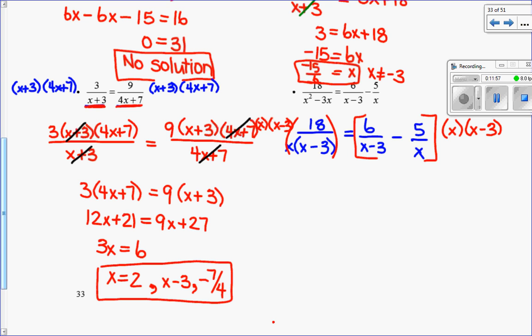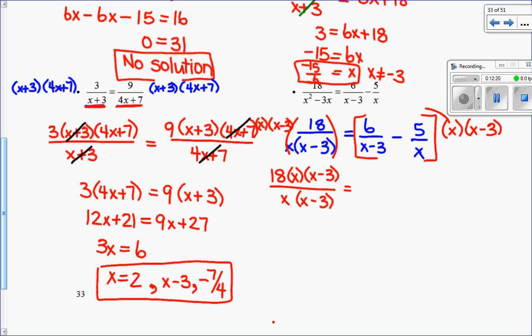Okay, all right, so when I do that, I've got this. I'm going to have 18 times x minus 3 all over x times x minus 3. And on this side, I'm going to first start with the x, and I'm going to multiply the x by both terms.